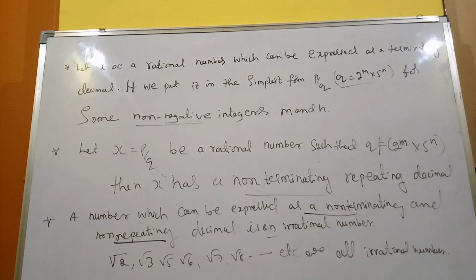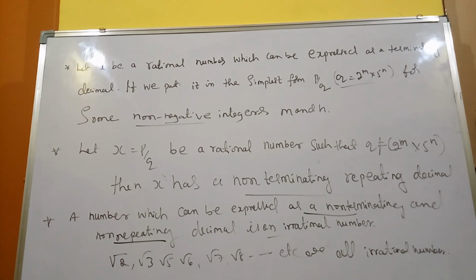The numbers which are not rationals are called irrational numbers. Example: root 2, root 3, root 5, root 6, etc. They are not rational numbers, so they are non-terminating and non-repeating numbers. It is a very easy chapter.